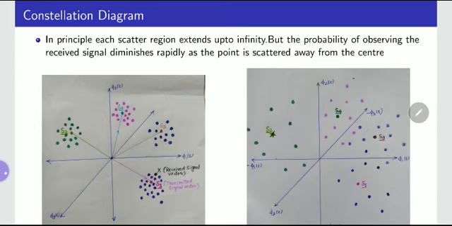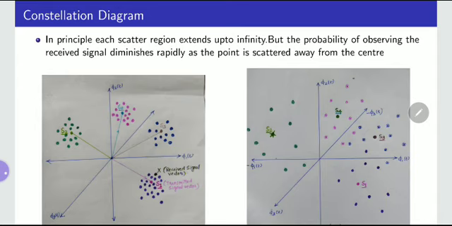Ideally, this Gaussian distribution extends up to infinity. There is a finite probability that this scatter region, or the value of this x, can go anywhere up to infinity. The only thing is the mean will be S3.